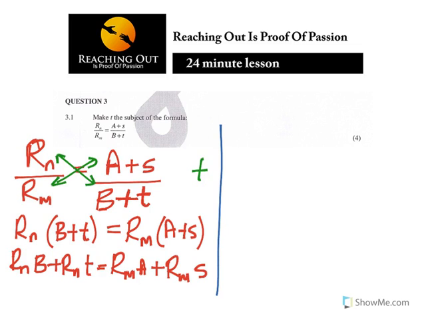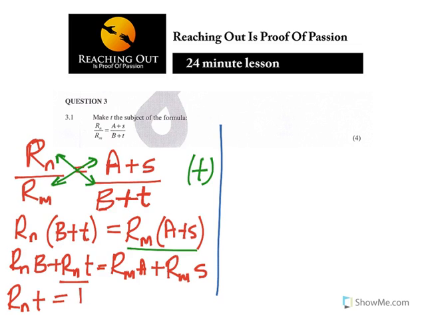We are making t the subject, so t is the important one here. So you need to remain with Rnt on one side, and then you need to transpose everything to the other side. It was not a must to expand this side; it is still fine.